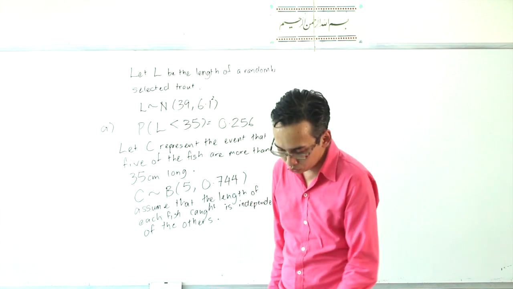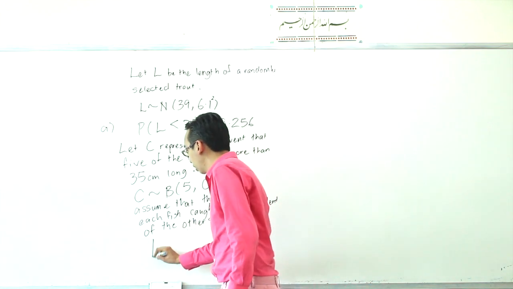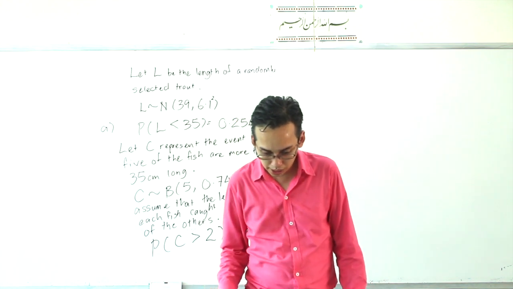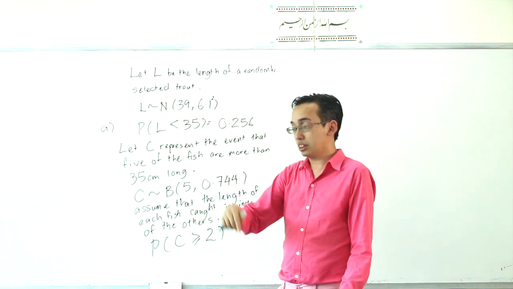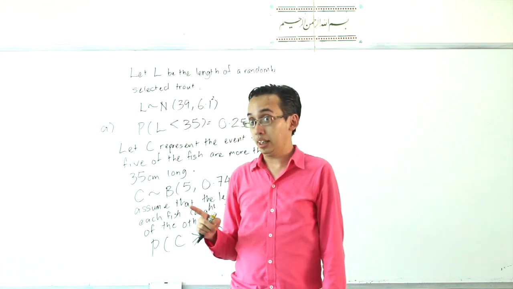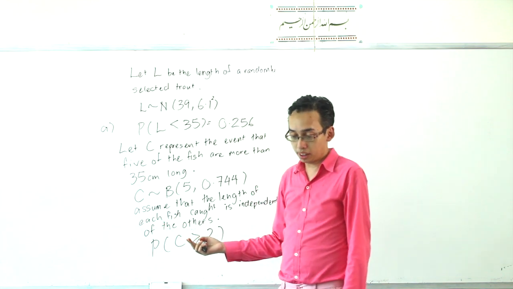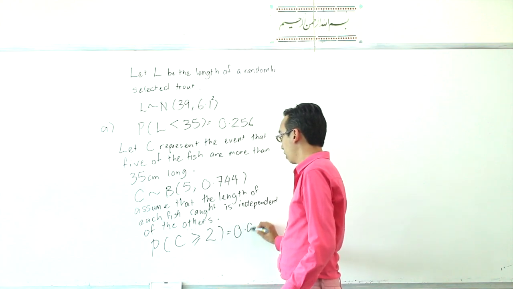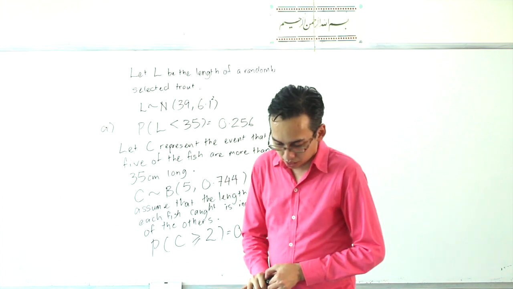You want to find that at least 2 of the trials are more than 35, so you are calculating the probability C is at least 2, so it's more than or equal to. To calculate this using your GDC, you do 1 minus the probability C is less than or equal to 1, because you want 2 to be included. And you will get 0.983. Okay, so we are done.